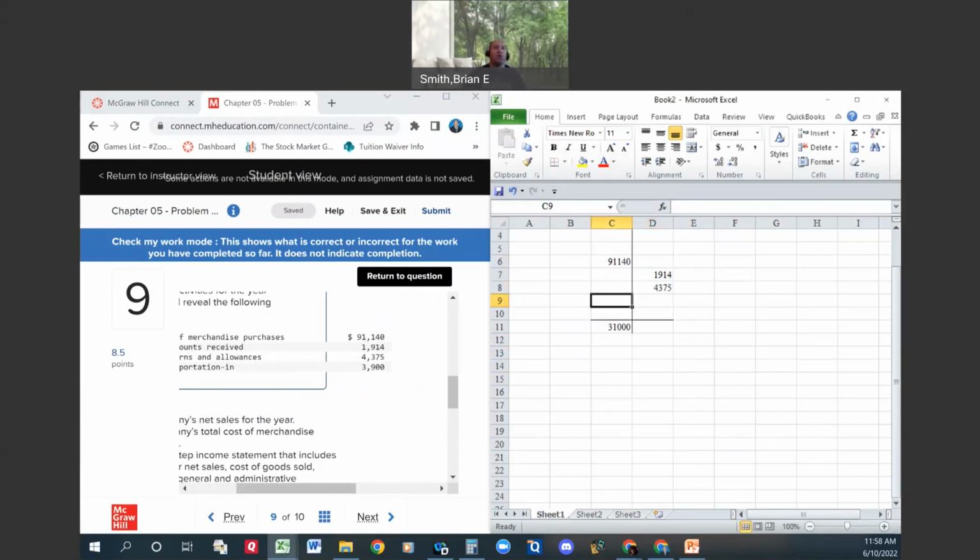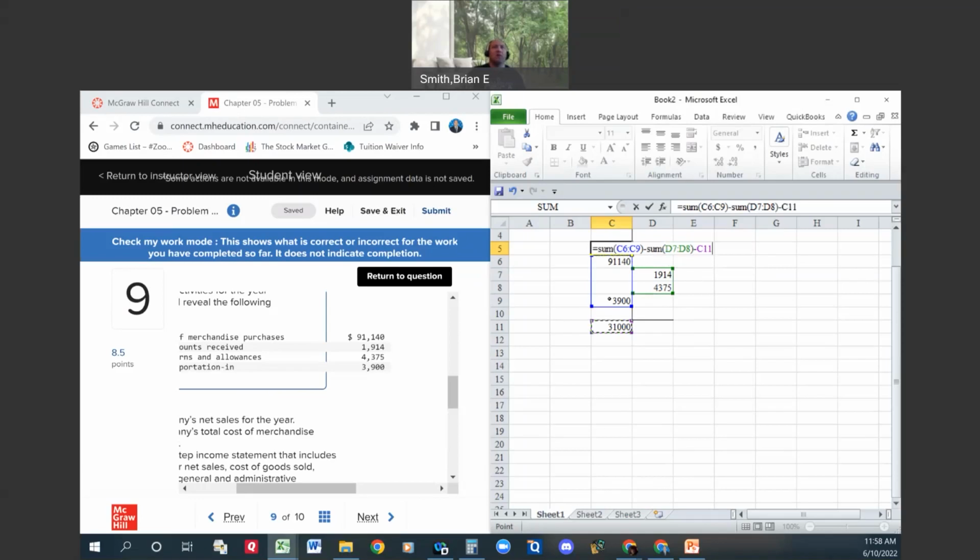So what was our beginning inventory here? We're going to take the sum of these, subtract out the sum of these, and subtract out our ending inventory.